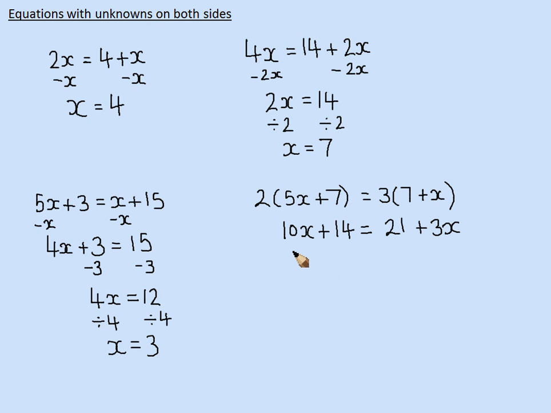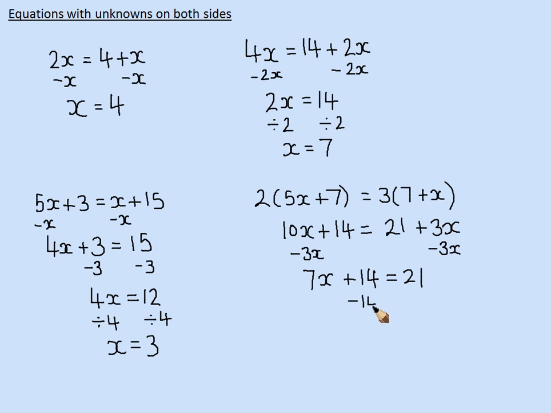I've got the most x's on the left hand side, so I'm going to need to move this 3x here. So I'm going to take 3x from both sides. So 7x plus 14 equals 21.